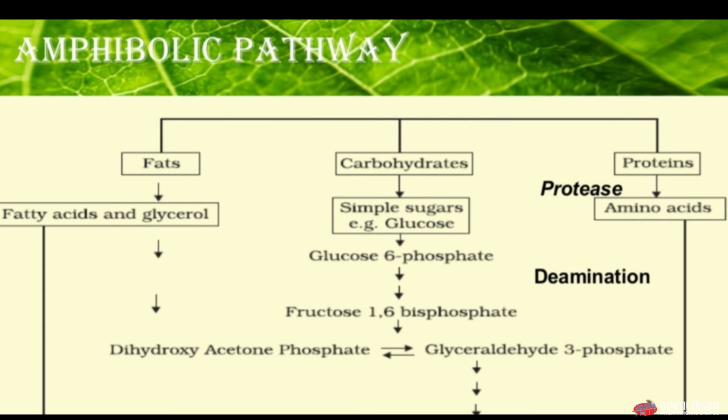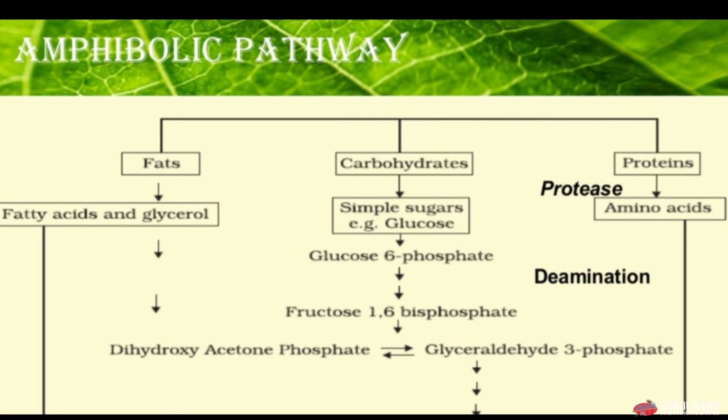So we discussed the amphibolic pathway, which means the respiratory pathway is an amphibolic pathway in which both reactions take place: first, the breakdown of complex molecules, and second, the building up or synthesis of complex molecules.